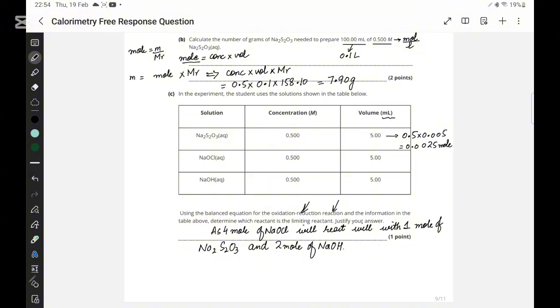So what is going to happen out there? NaOCl will run out first, so it is the limiting reactant. So NaOCl will be the limiting reactant.